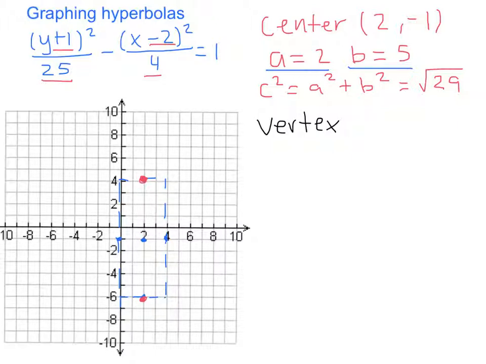So the coordinates of our vertex are (2, 4) and (2, -6). We would have chosen the other 2 points, these 2 points, if the x term was positive. But since the y term is positive, we chose the vertical points.